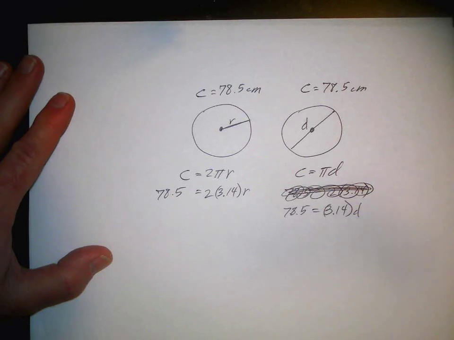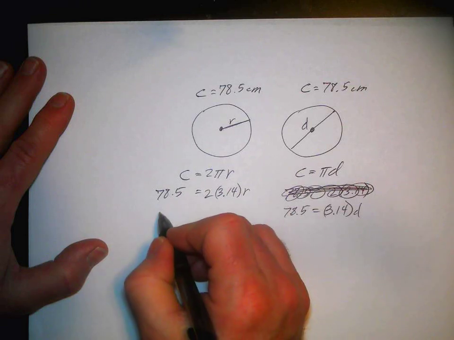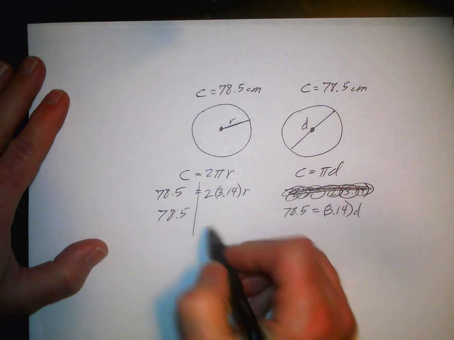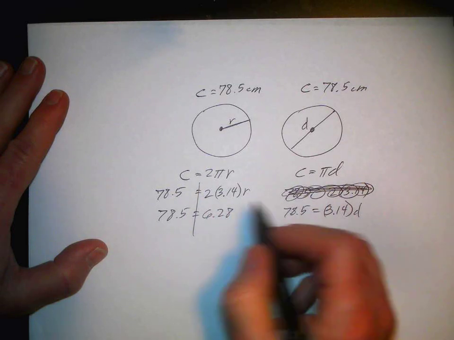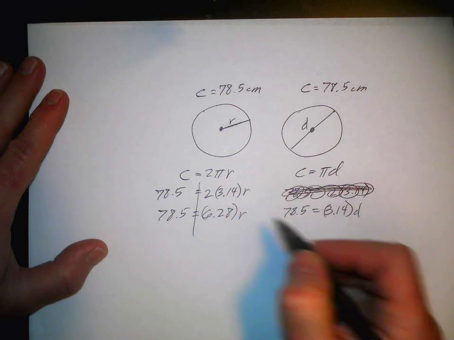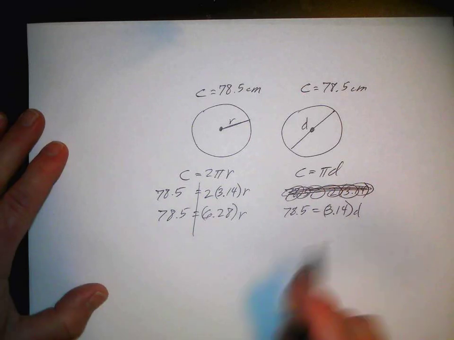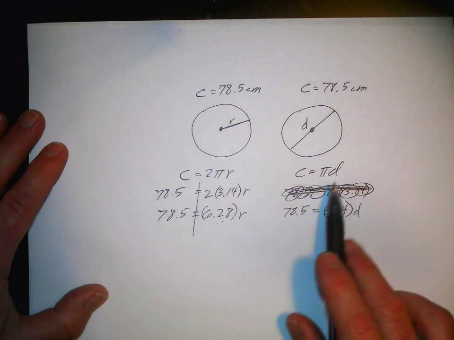So what we can do here is simplify this side. 78.5, I've got my line down my middle here. 2 times 3.14 is 6.28. And that is still times the radius. Now these both look the same, but there's a 2 in here and not over here, just like there was a 2 up here, not over here.